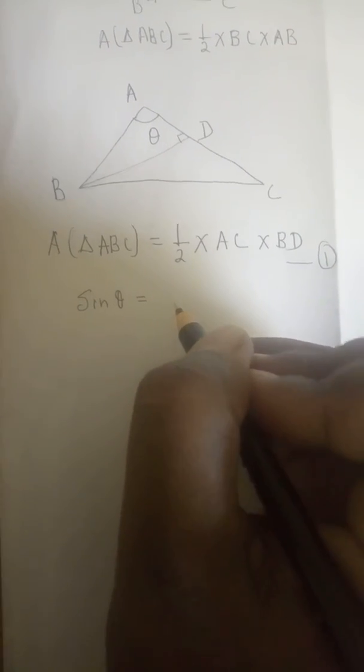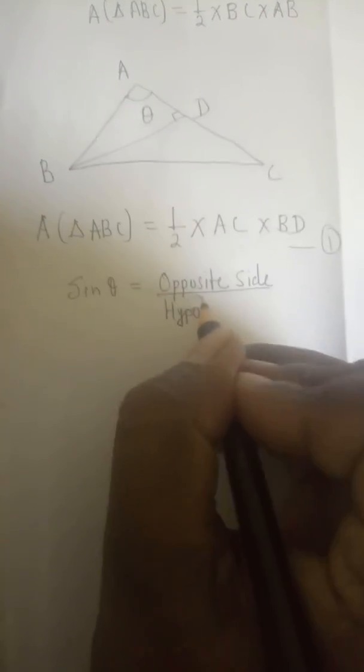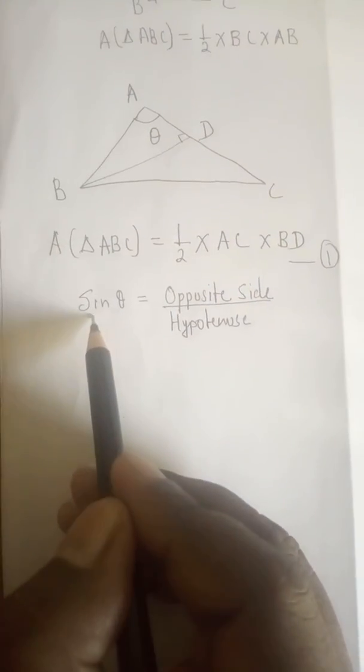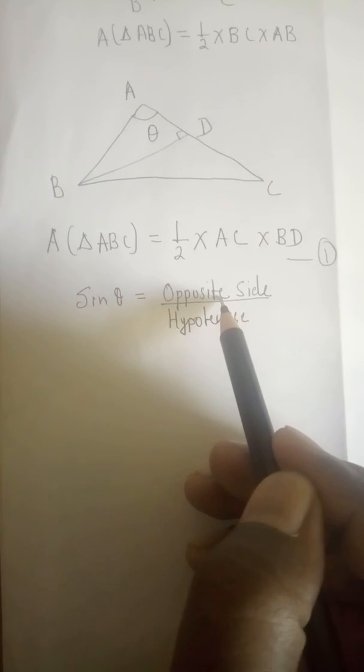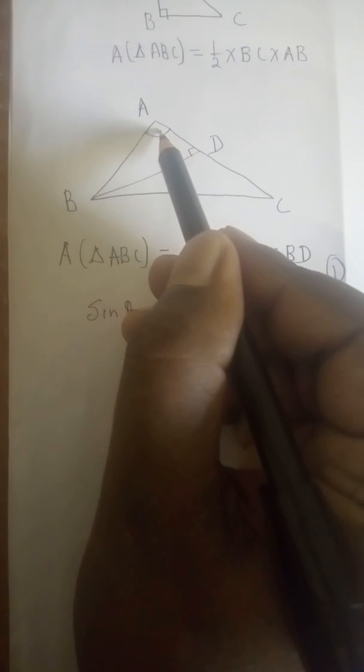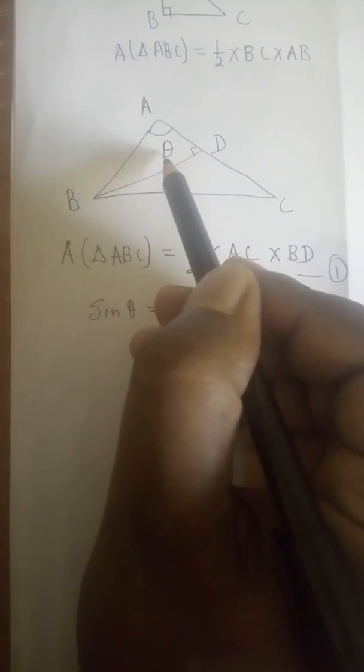Now what happens when BD is not given? We will try to get this BD using trigonometry. We know that sine theta equals opposite side upon hypotenuse. You must have studied this in trigonometry. I repeat, sine theta is the side opposite to the given angle upon hypotenuse. With respect to this triangle, which side is opposite to the given angle theta?